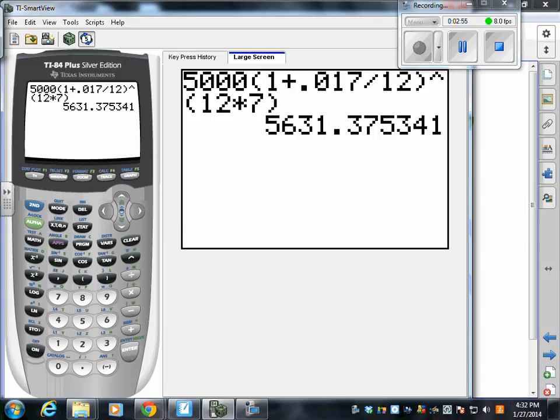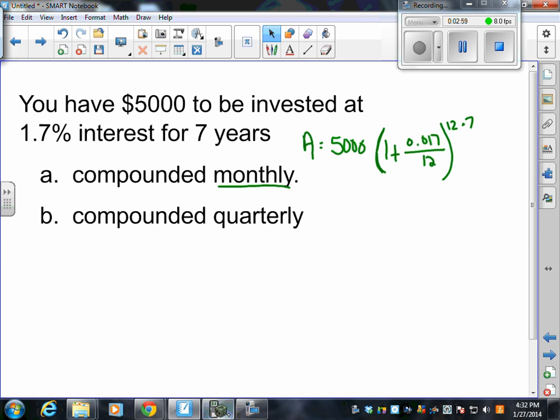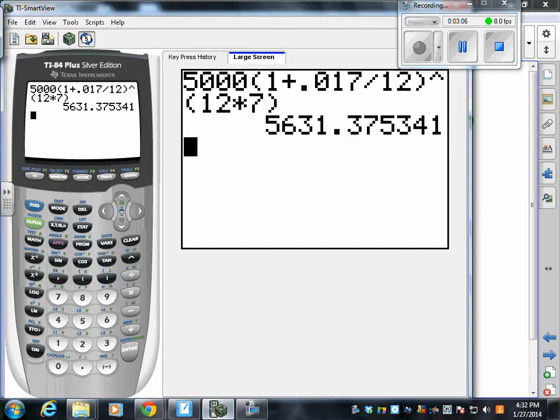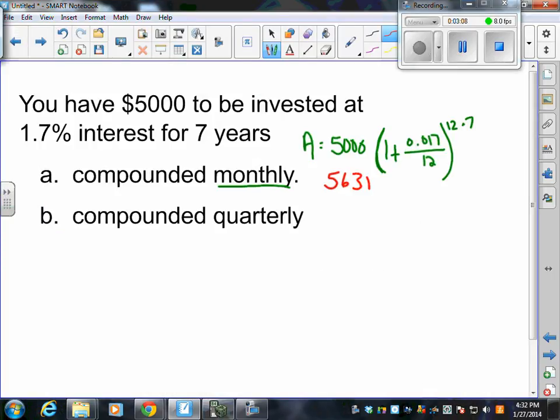There we go. $5,631.38. So this is $5,631.38.